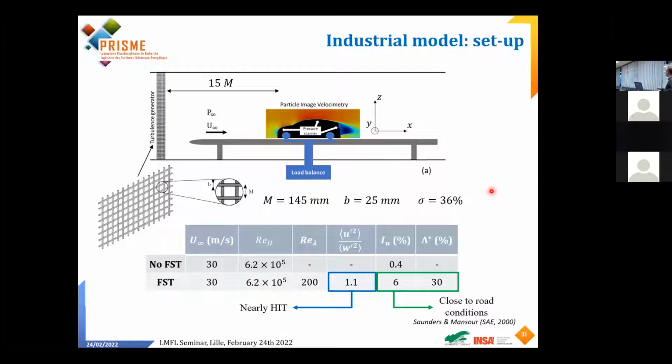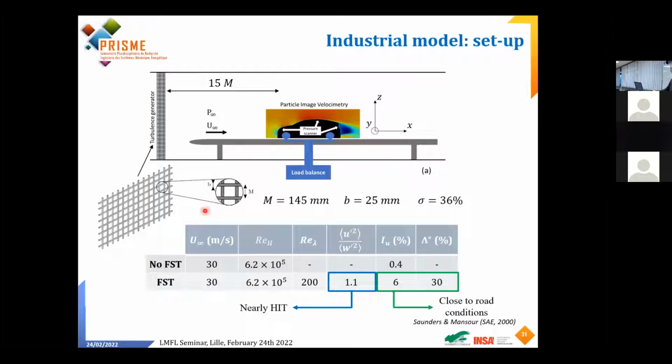That's nothing to do with fractal grids and so forth. Here we are making very simple experimental turbulence. The model is placed about 15 mesh sizes downstream of the grid, so the flow at that position is roughly homogeneous and isotropic, let's say.